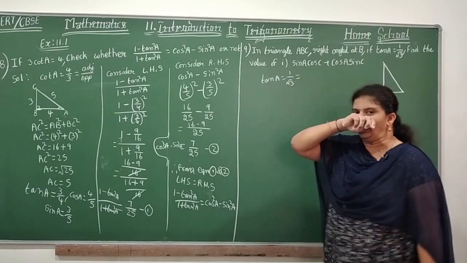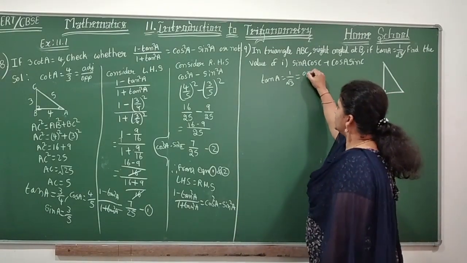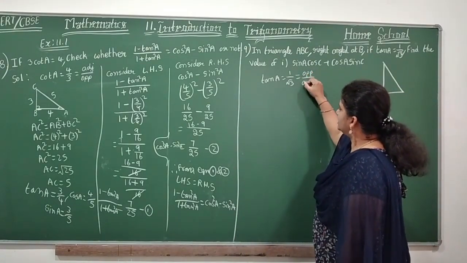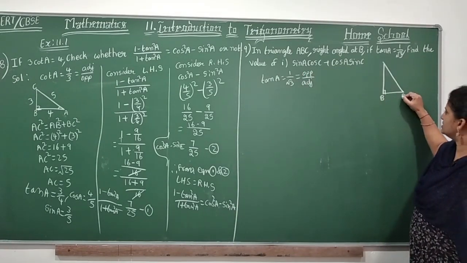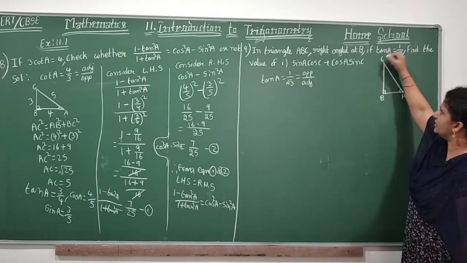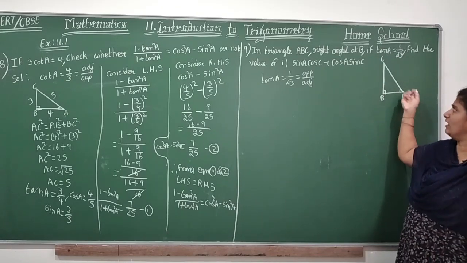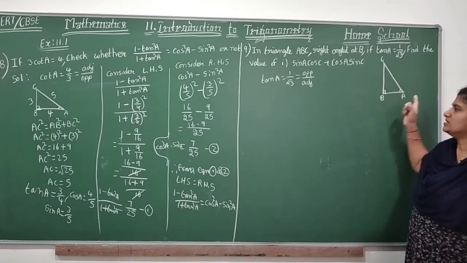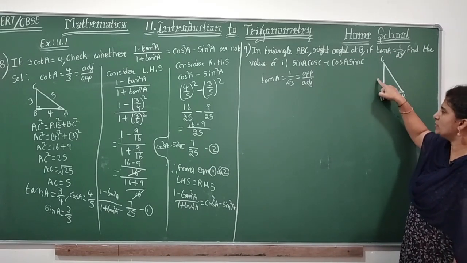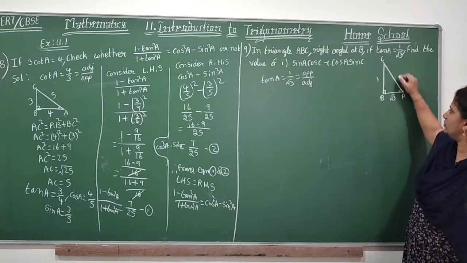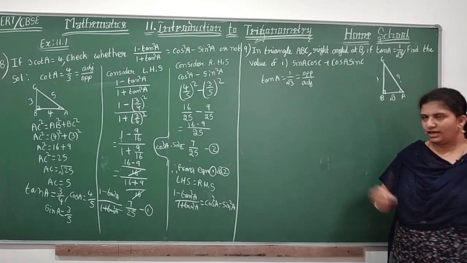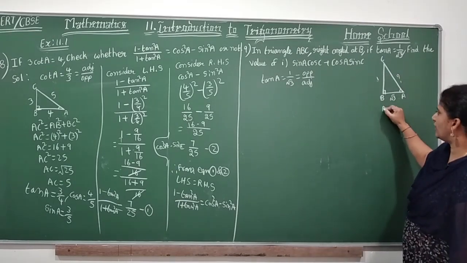What is the tan A ratio here? Opposite by adjacent. So tan A means this is the angle they are considering here. You may write your angle A here or here. Both are acute, right? So tan A is opposite by adjacent, 1, and this will be root 3. What is this? Again apply the Pythagoras formula.